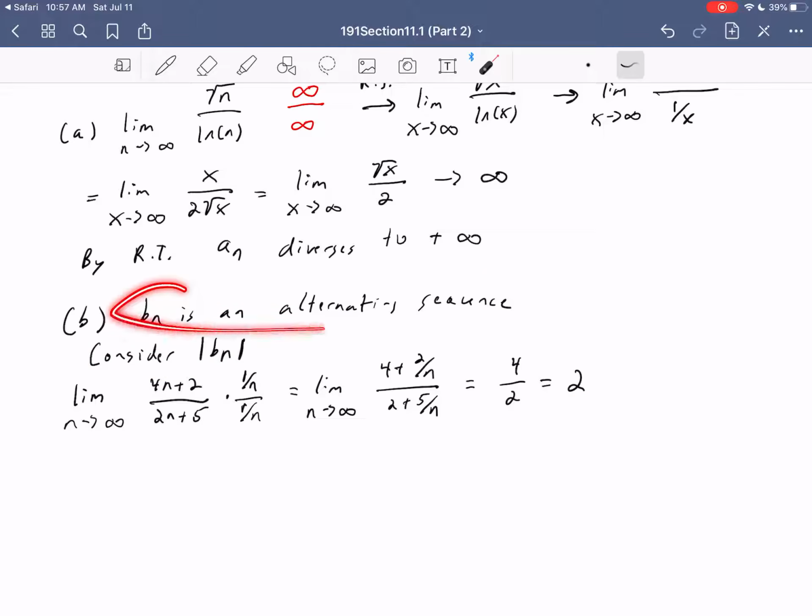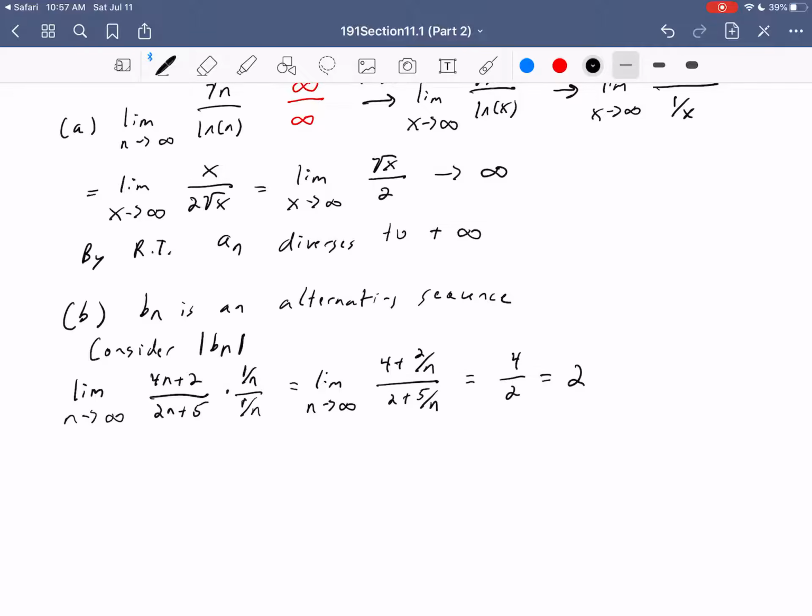Does that mean that this guy converges? Well, no. By our theorem, we know that our original alternating sequence is going to diverge because in the long run it will basically oscillate between positive and negative 2. So b sub n will diverge. Limit does not exist.